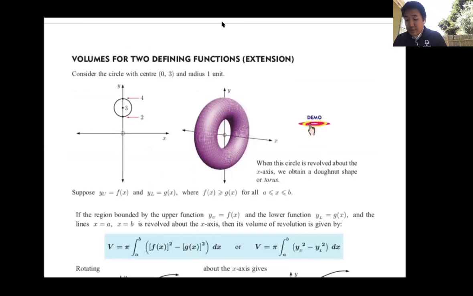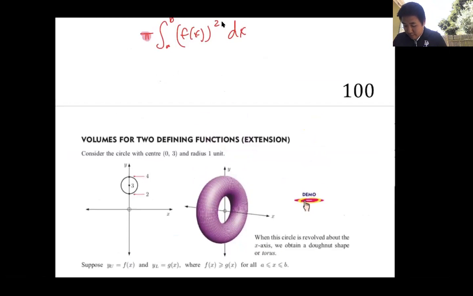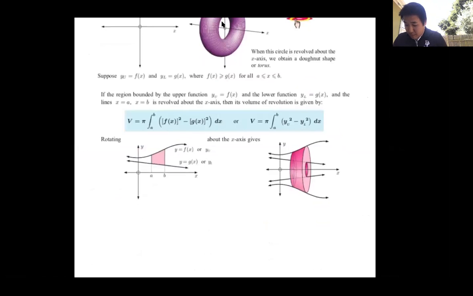There's another one called a washer. That's sometimes when you have a function and you rotate it and it has a hole in it. It looks like a washer if you're ever into construction. And then that's when you do the top function minus the bottom function, each of them squared, from a to b.